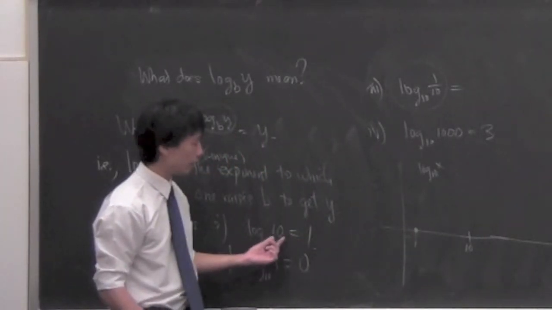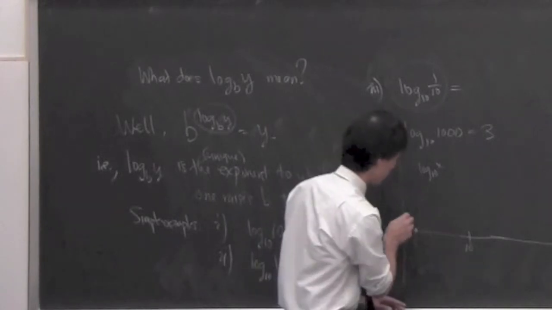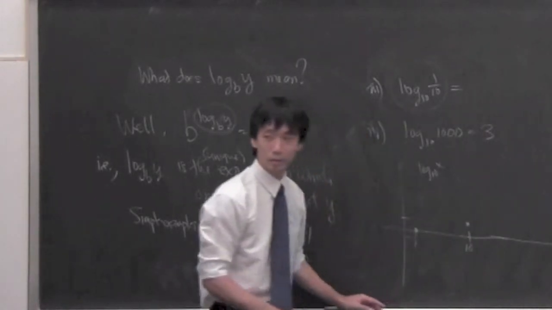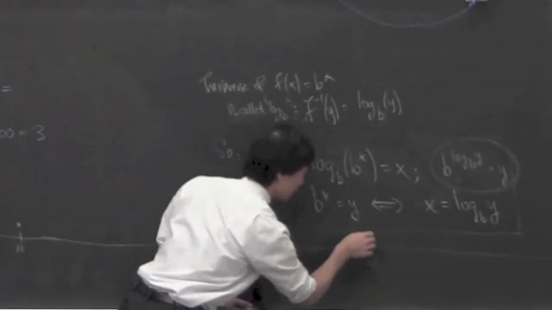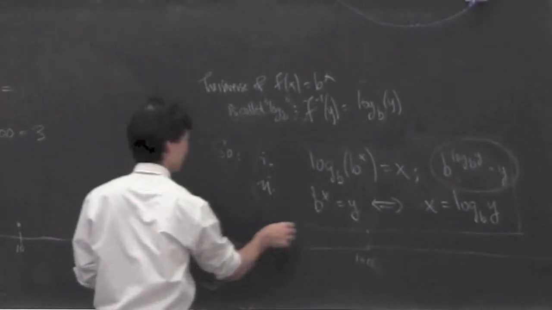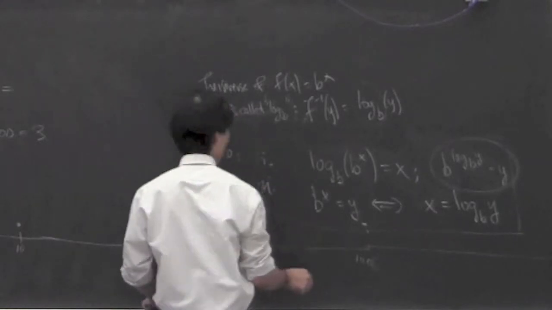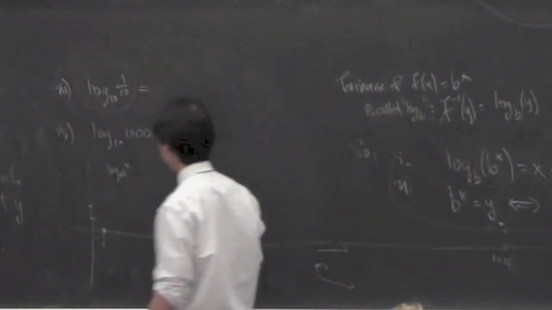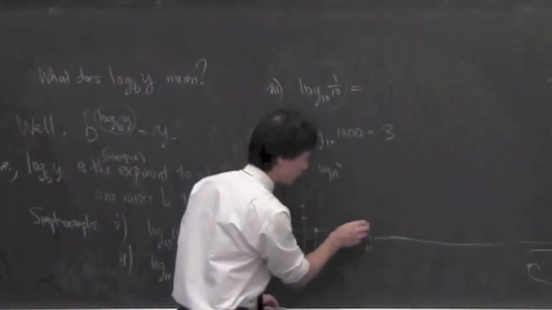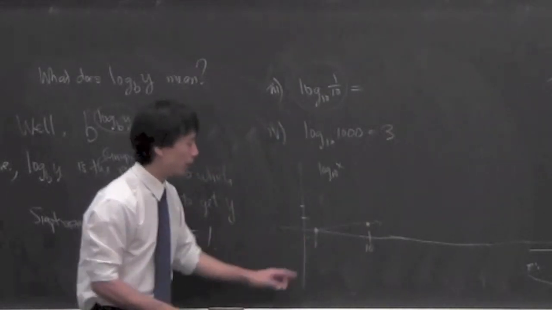Log base 10 of 10 is 1, right? So once we get to 10, we get to 1. Once we get to 100, we get to 2. Once we get to 1,000, we get to 3. Once we get to 10,000, we get to 4, because 10 to the 4th is 10,000. Okay, so you see, this is a pretty slow growing function.